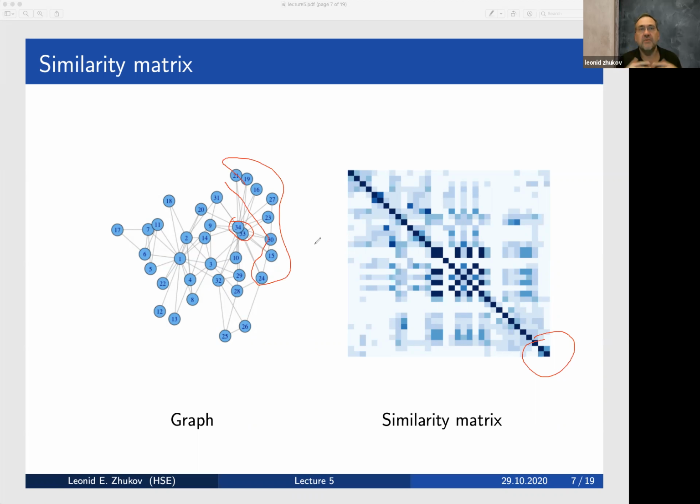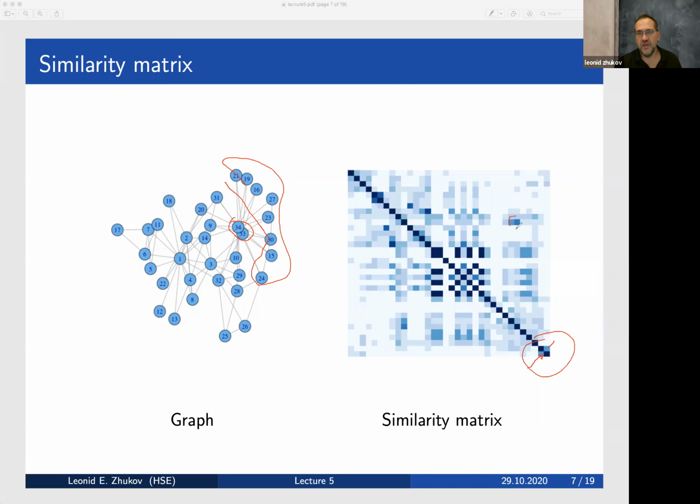So they have structural similarity because of their connection pattern, and that's why these entries are also quite bright blue. That's how you read this matrix.